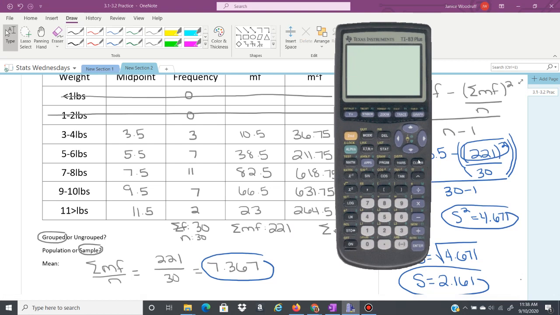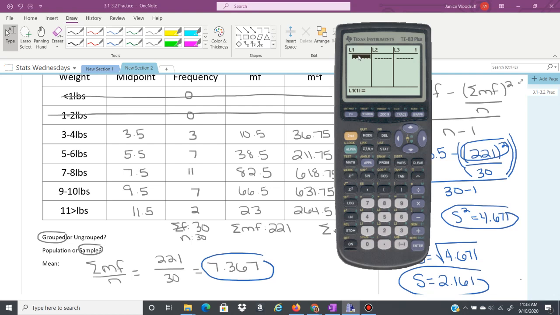All right, so for grouped frequency, you're going to actually need two lists. So go to Stat and then Edit, and you're going to need two lists. So highlight, go up here in L1 and clear it. Now, this is very important. Midpoint is going to go first. Frequency is going to go second.